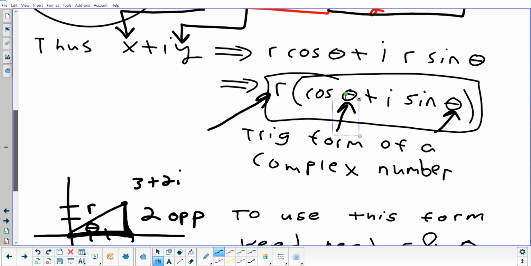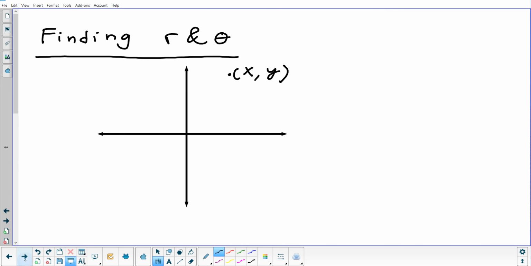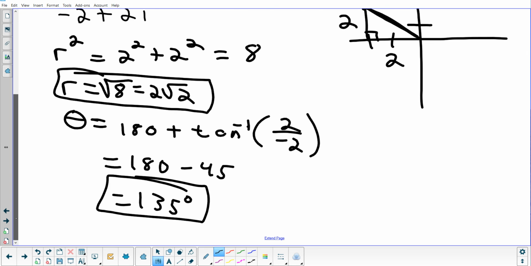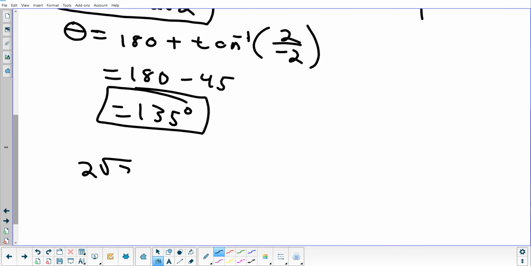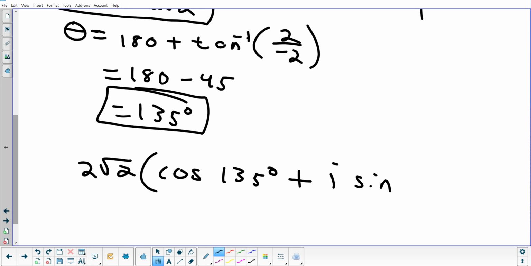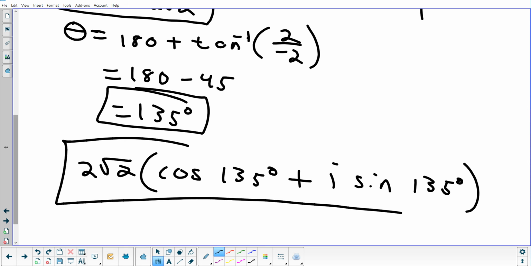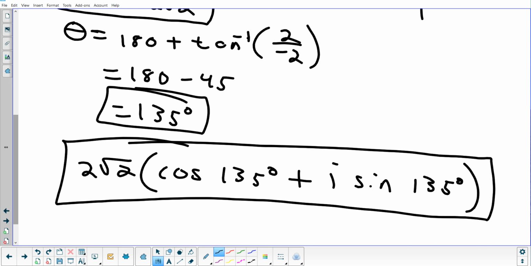So r cosine theta plus i sine theta. Okay, final answer. r cosine theta plus i sine theta. That's the final answer.